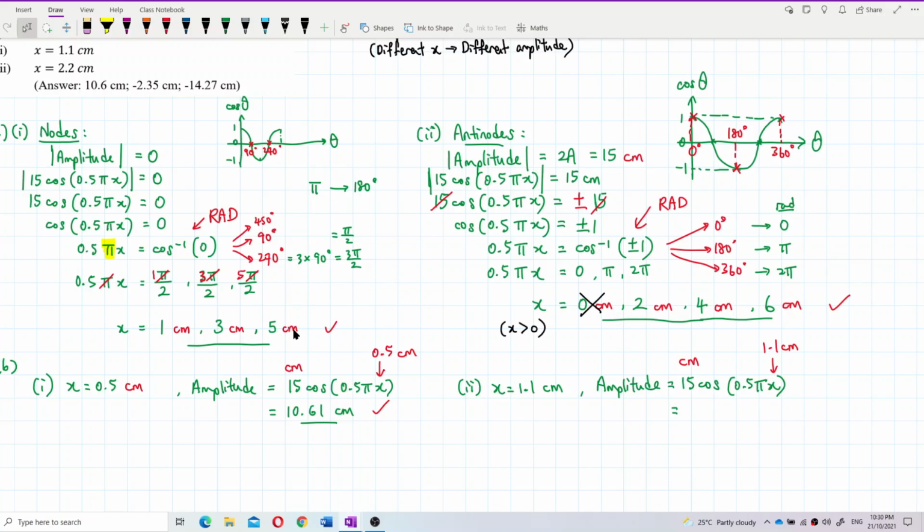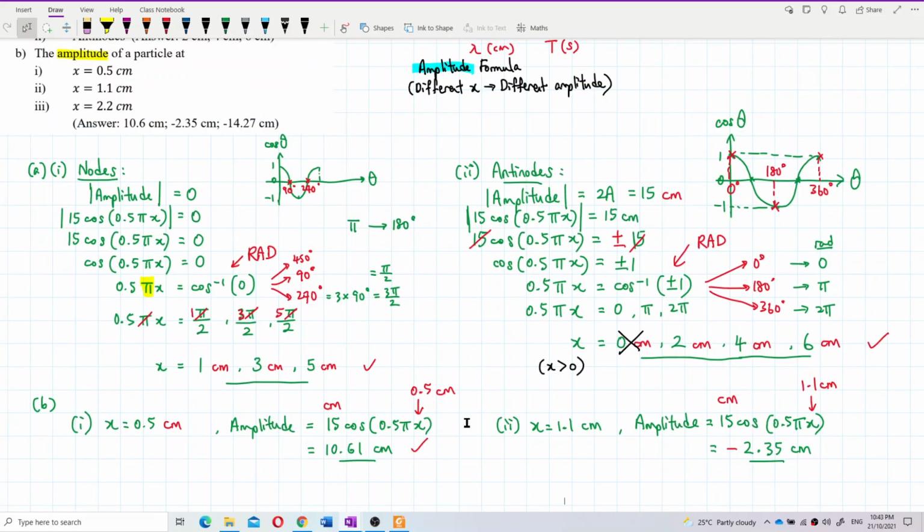Okay, the answer I got is negative 2.35 centimeter, because 15 is in centimeter.